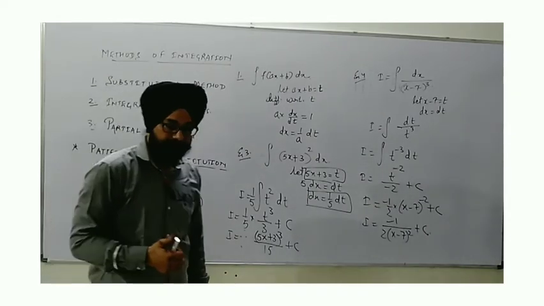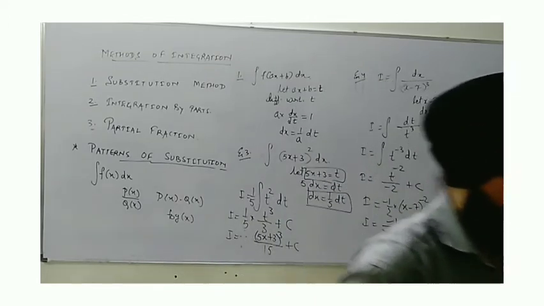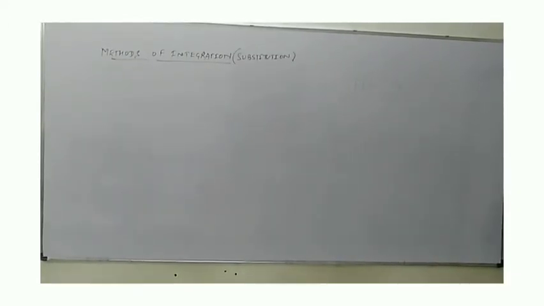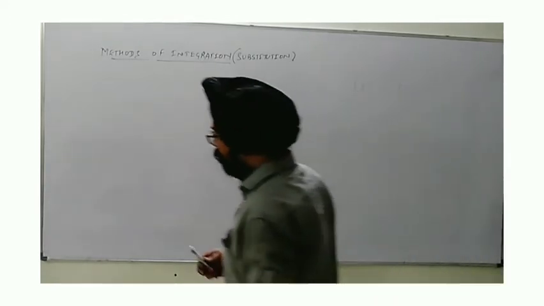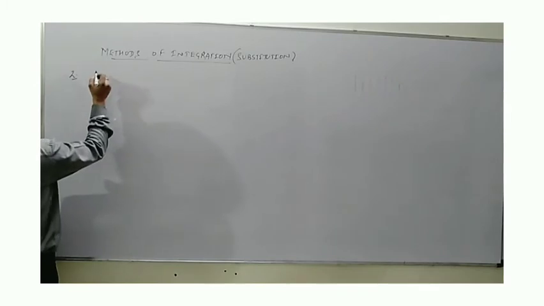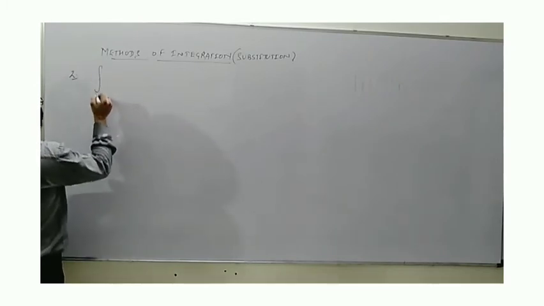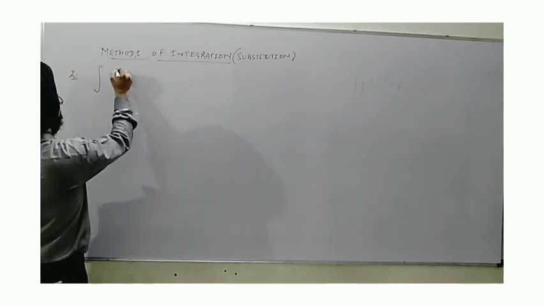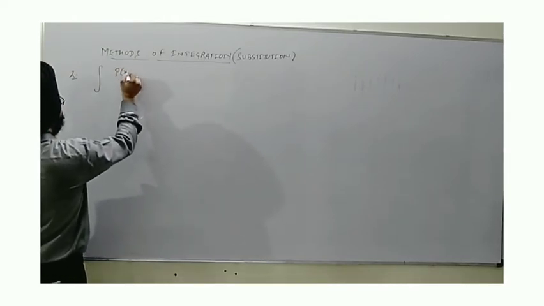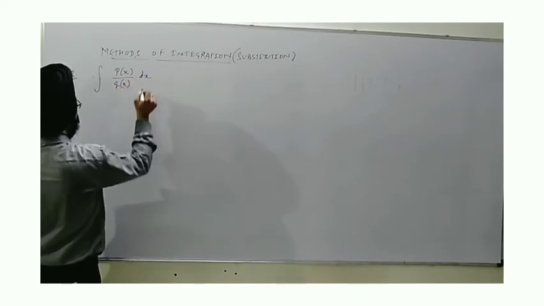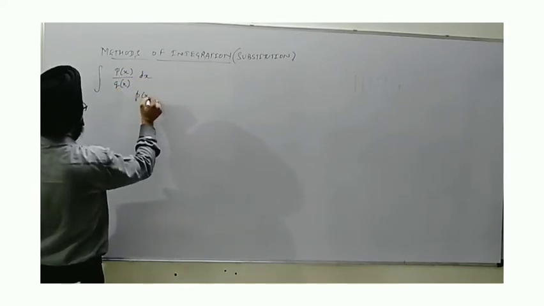Now we will take the second pattern. Now, as for the second pattern, we will take integration of a function of the form px upon qx. px and qx both are polynomials.